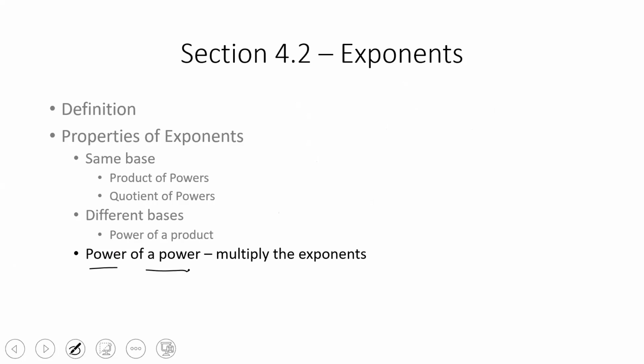So for example, if I have 2 squared cubed, so I'm taking that whole value and then I'm going to cube it. What we want to do is we want to multiply the exponents. So notice we're taking the power of a power here. We're going to multiply those exponents. So 2 times 3 gives us 6, and we would have 2 to the 6.